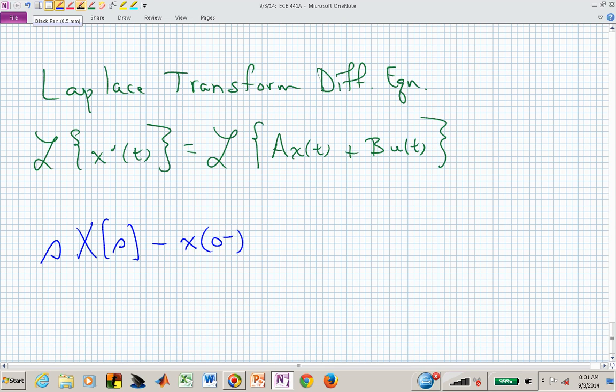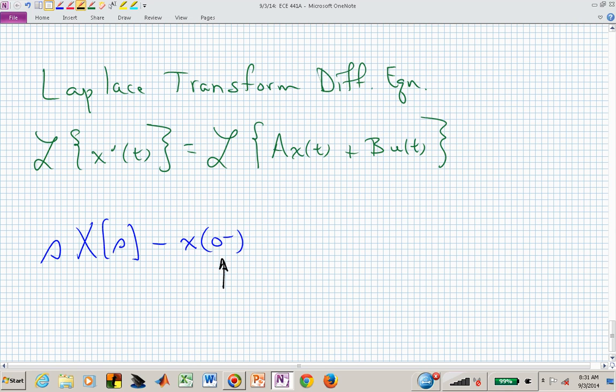So if you go back to the governing definition of the Laplace transform, we are using the fact that we are going to capture the initial condition at time 0 minus. That's capturing everything we want at time 0.